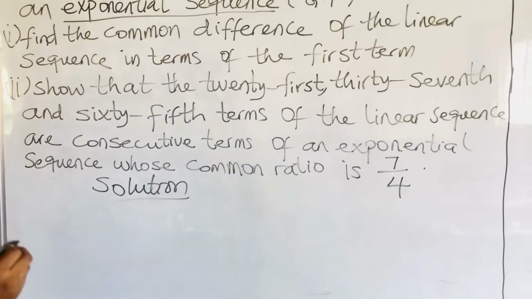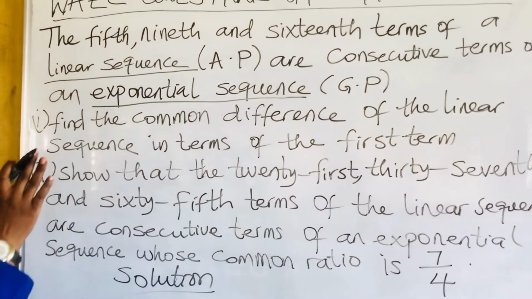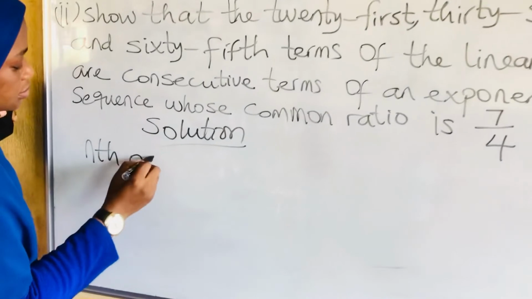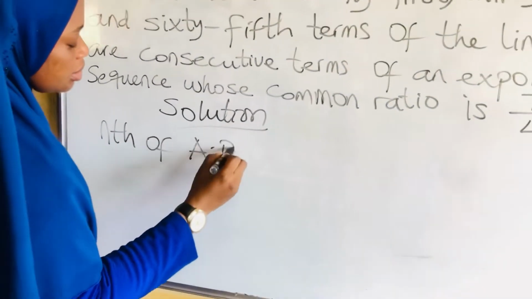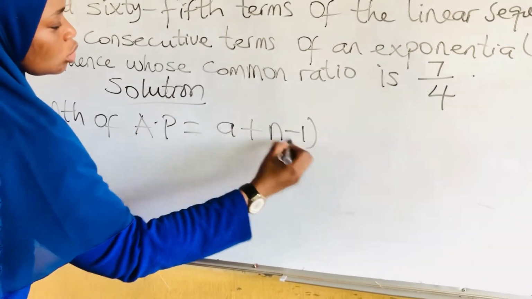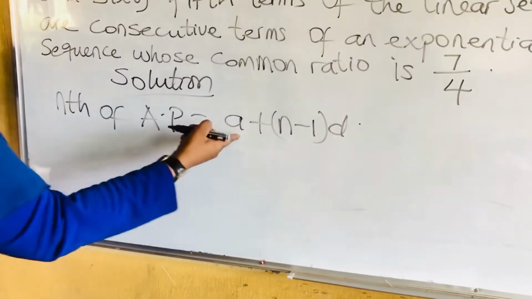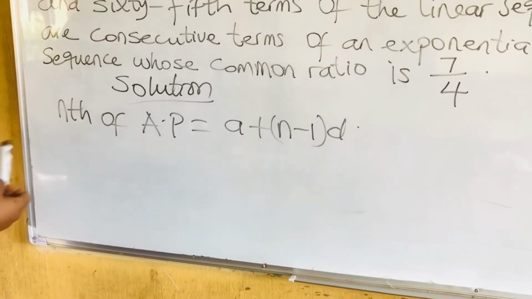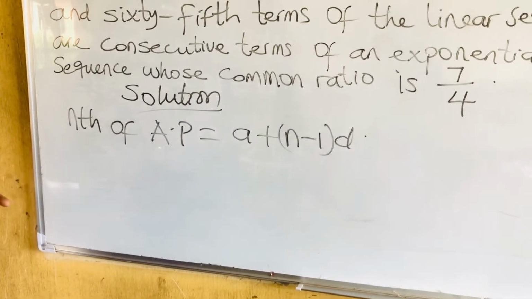The 5th term of an AP. So the nth term of AP is equal to a plus n minus 1 d, where a is the first term, n is the number of terms, and d is the common difference. We have done that.